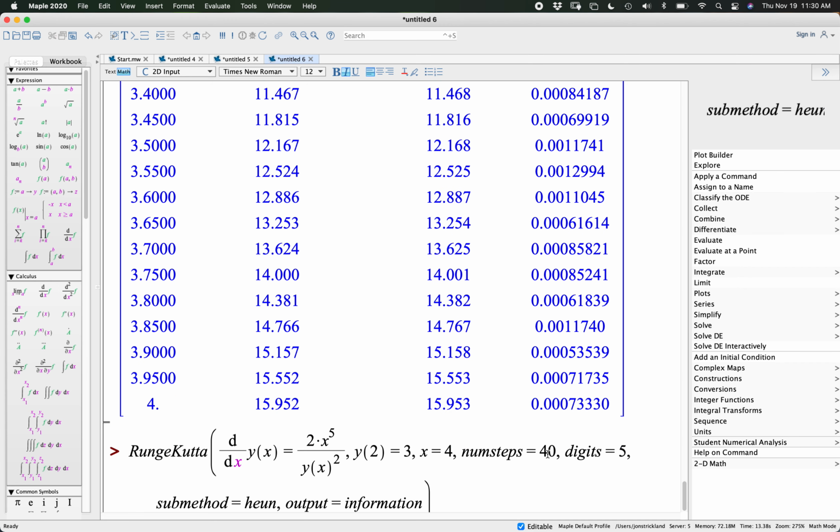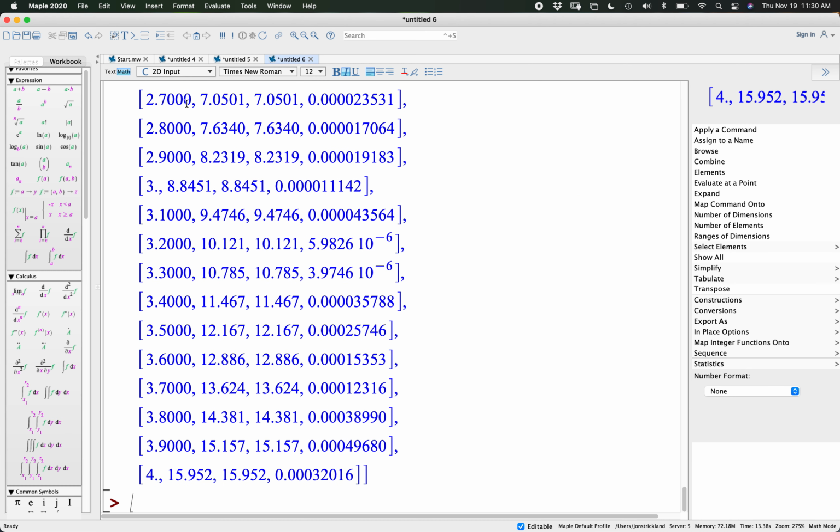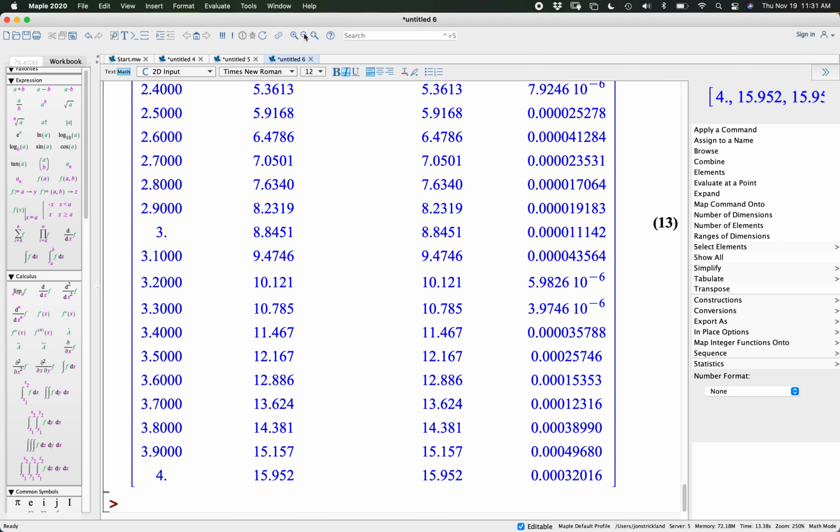So for the step size at 0.10, the sub method is going to be RK4. Again, you have the display up to 2.8. Again, for the Maple 2020, we go to show all. And again, you're going to have to the nearest 3 decimal places an identity.